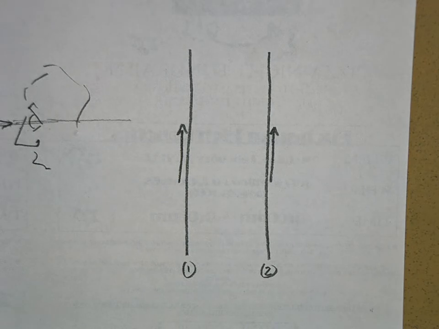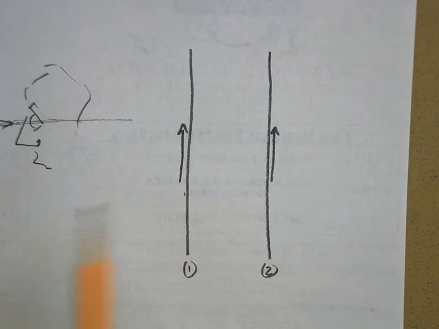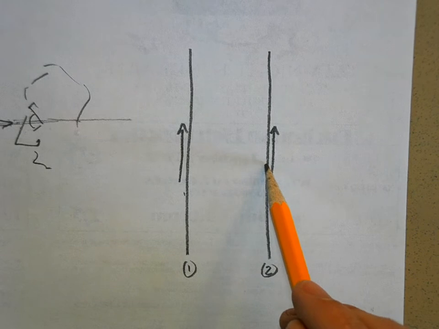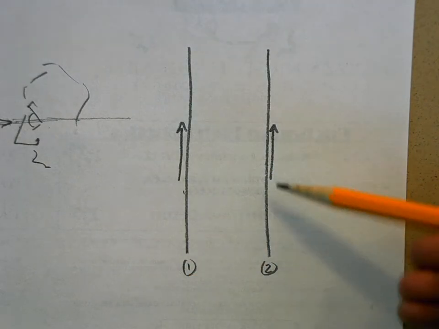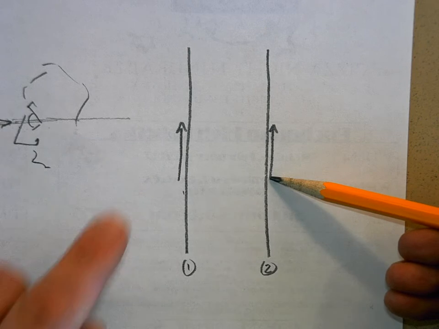Now, here's the deal. We can combine the two ideas that we've already developed. This wire has current, and anytime you have a current, it creates a magnetic field. But wire 2 feels the magnetic field due to the current in wire 1.